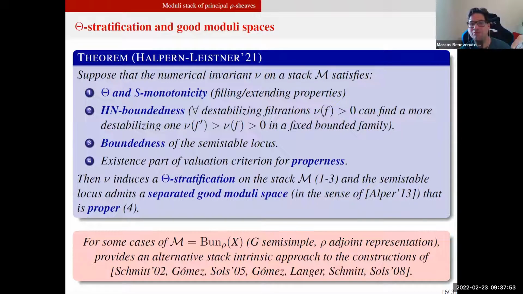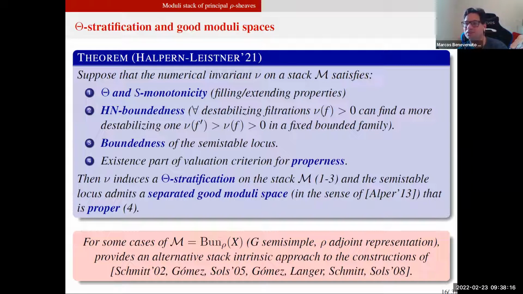The weight of a line bundle on the stack somehow becomes the Hilbert polynomial, or the normalized Hilbert polynomial. Just like in the usual GIT theory, GIT stability becomes Gieseker stability, right?